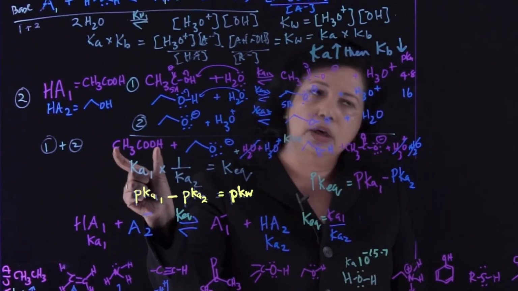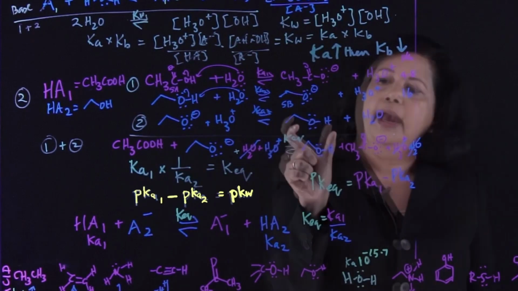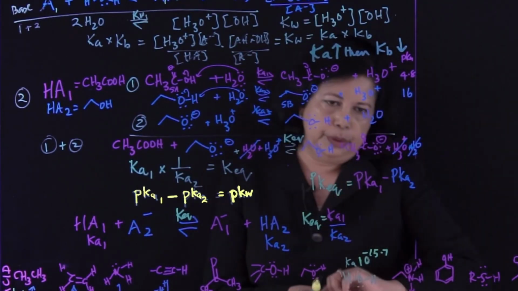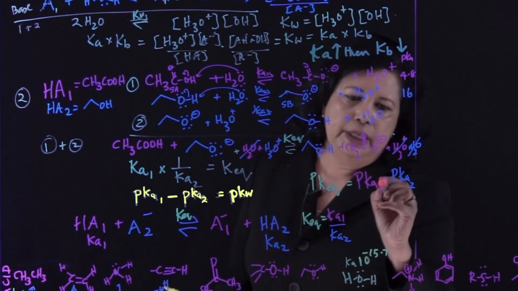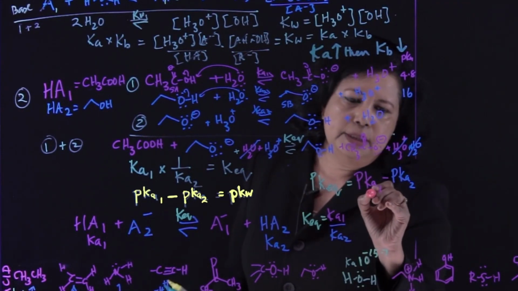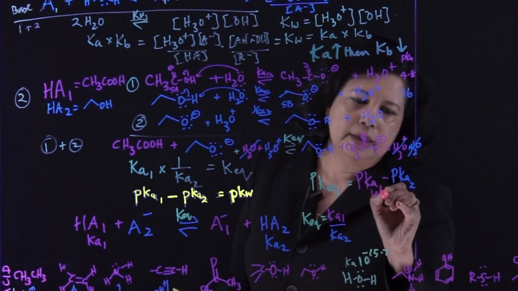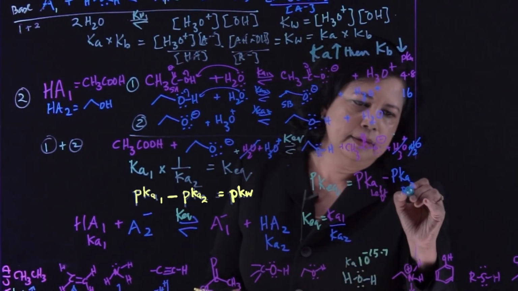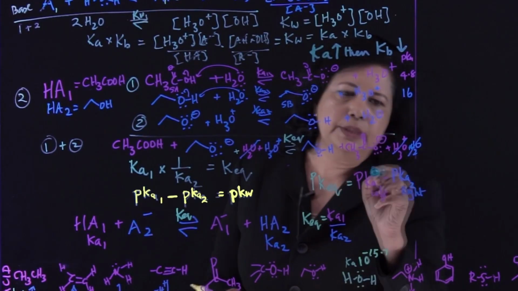Stronger acid will be on the left, and the weaker acid is going to be on the right. That's pretty much how you write it. So here you want this to be on your left and this to be on your right, the way it's written.